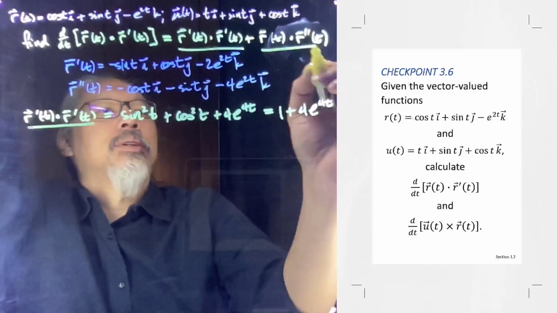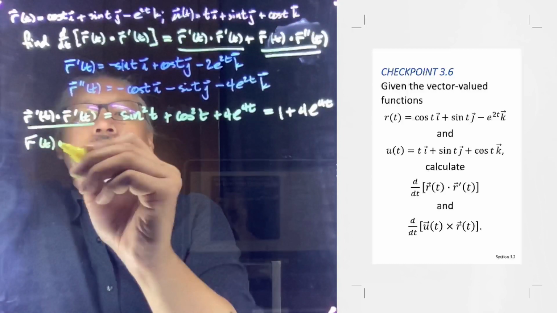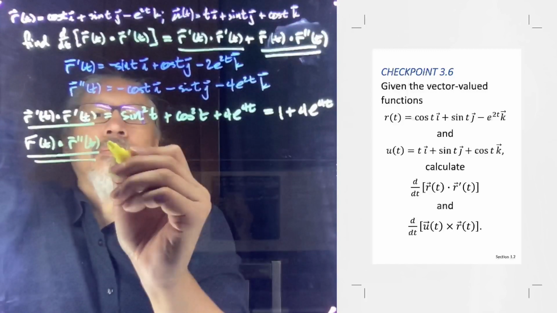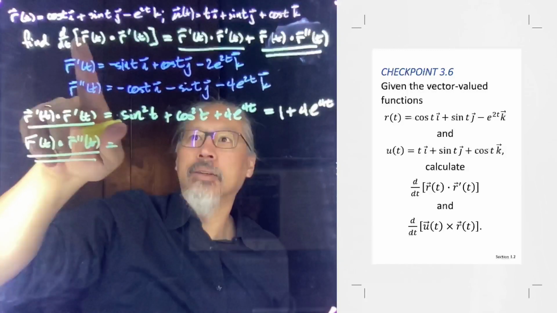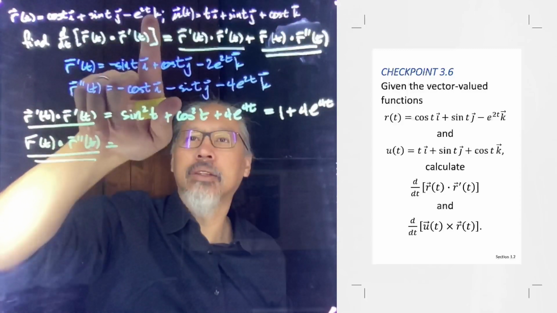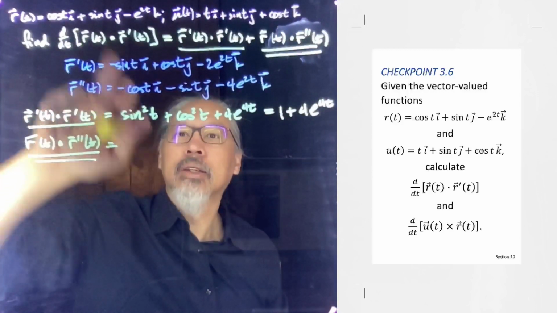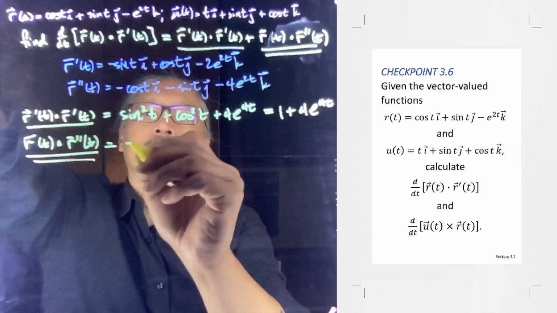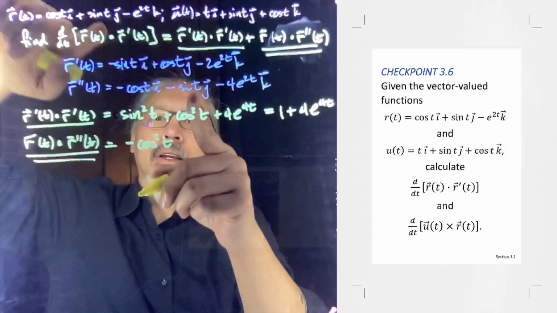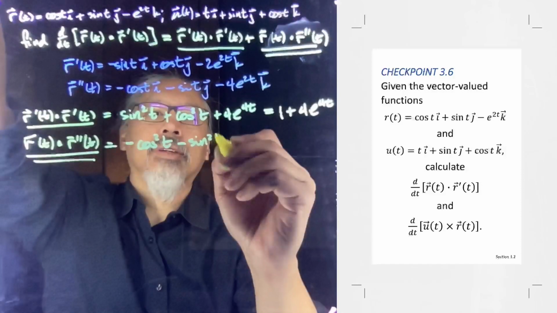Now, our second one, we're actually going to do the dot product of the original function with its second derivative. And the original function is up here, cosine t i, sine t j, minus e to the 2t k, and our second derivative is here. So we have a cosine times a negative cosine, so that will be negative cosine squared t. We have a negative sine times positive sine, that's negative sine squared t.